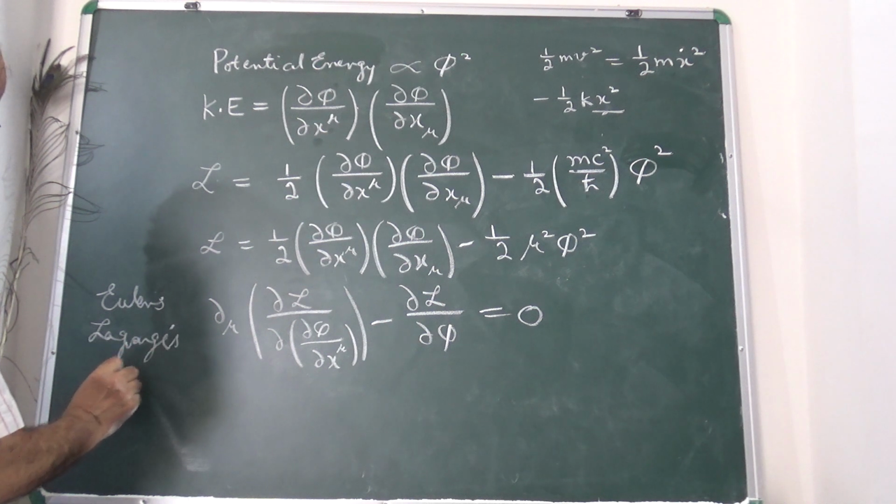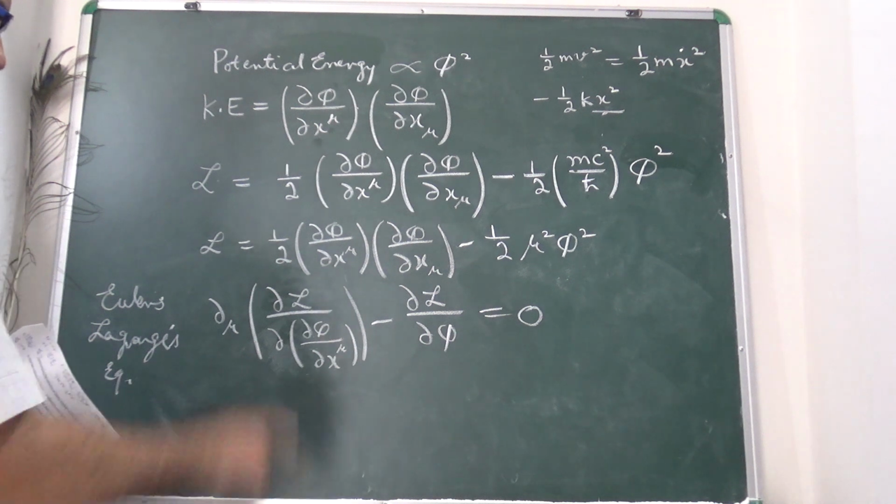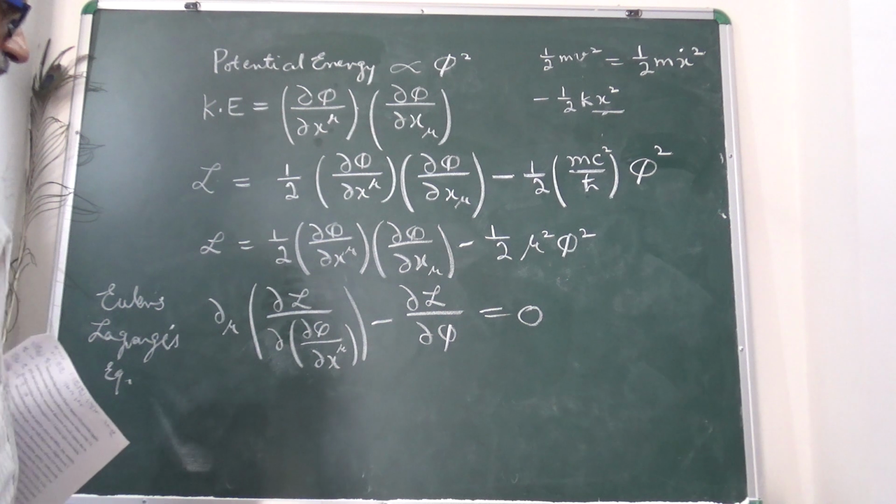Equation of motion. Substitute the values of this. First differentiate this Lagrangian with respect to del phi by del x mu.